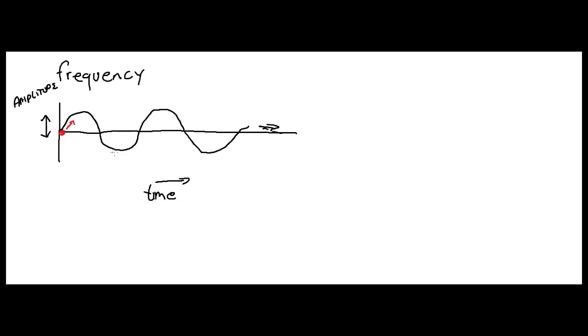Comes back up. Here's where it's crossing again. This has a positive amplitude. Again, it came up, came back down, crossed the zero line, on its way up, bam, crossed again, and it just repeats, right?